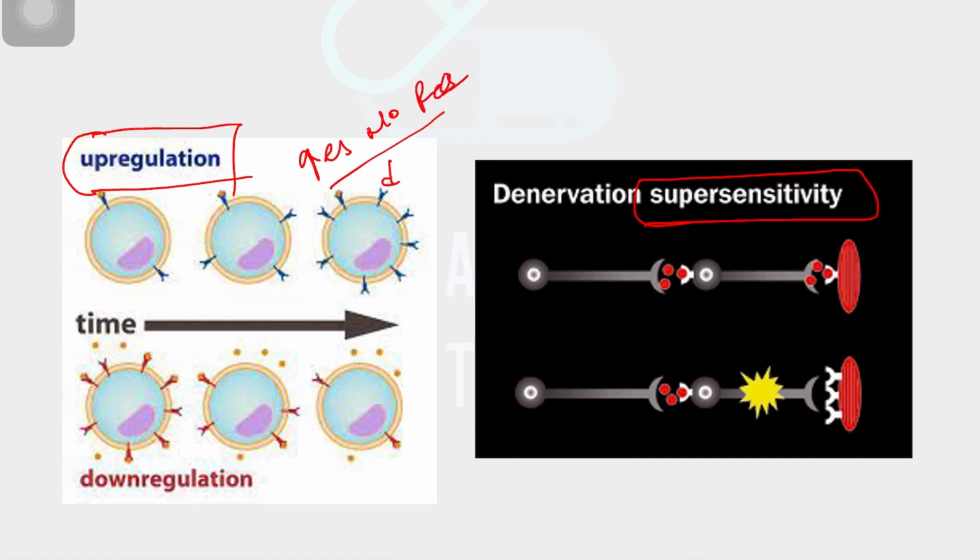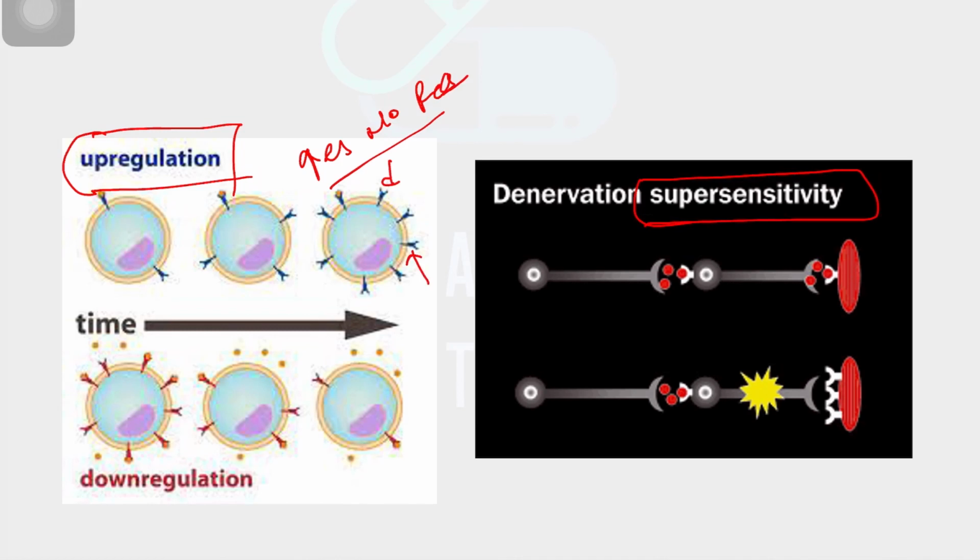This occurs because of deprivation of these receptors from endogenous molecules or agonists. If the receptor gets deprived of its ligand or agonist, there is a reflex increase in the number of receptors, and this is called upregulation.